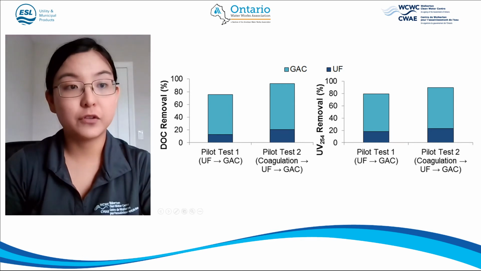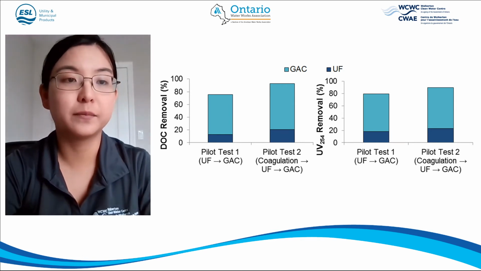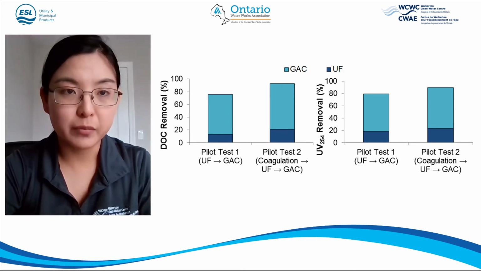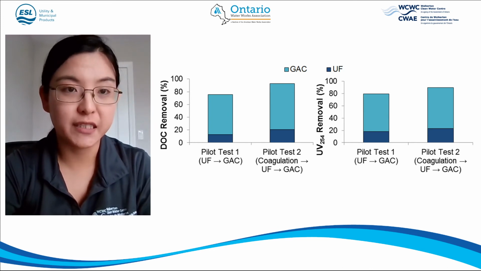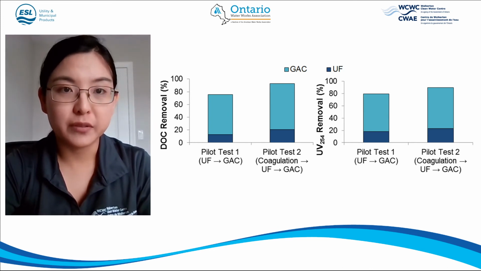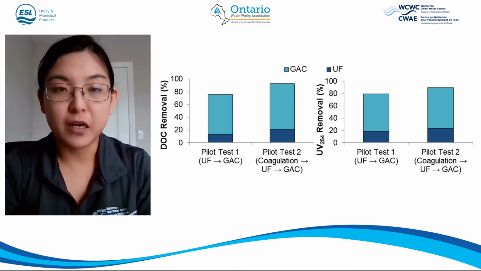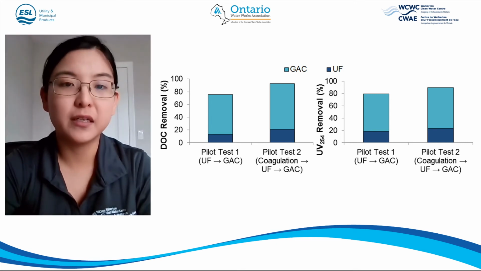Looking at our results, the lighter blue bar represents the DOC removal from GAC, and the darker one represents DOC removal from ultrafiltration, or from the membrane.